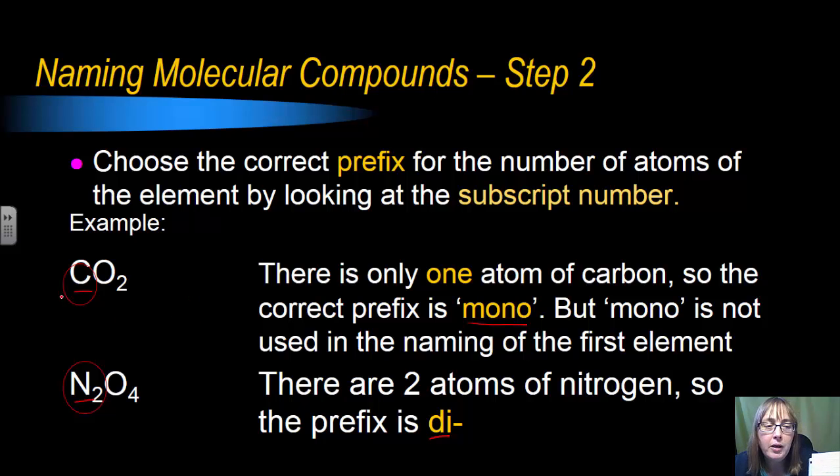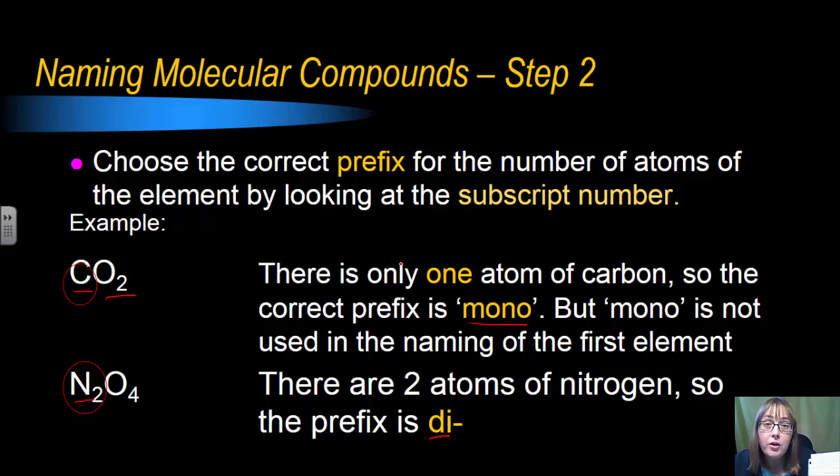So it's not like mono carbon dioxide, it's carbon dioxide. So mono is never used at the beginning. But if there's only one atom of the element at the back, then we end up using the word mono.